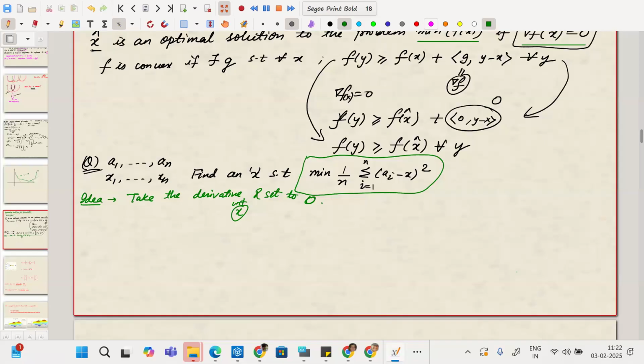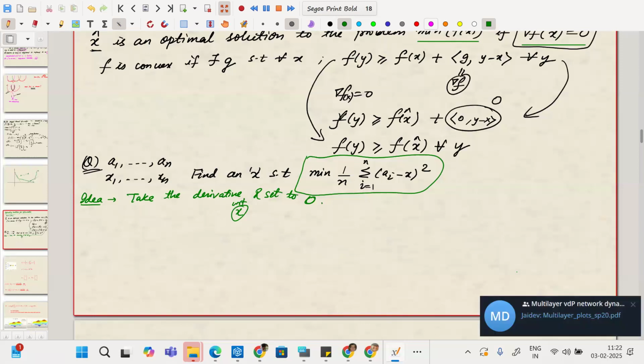Anyone? What's the value? You need to find the value of x.